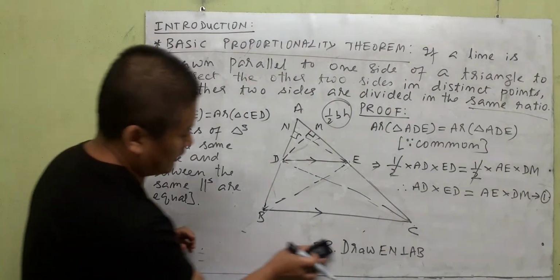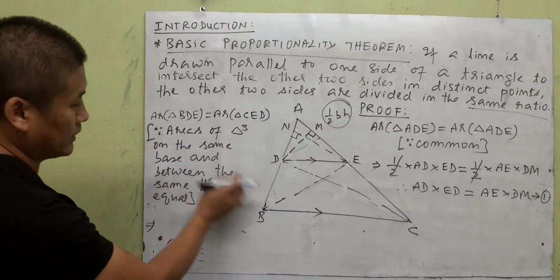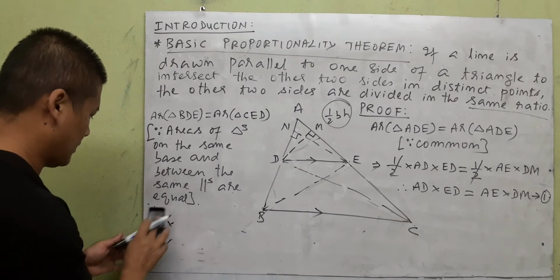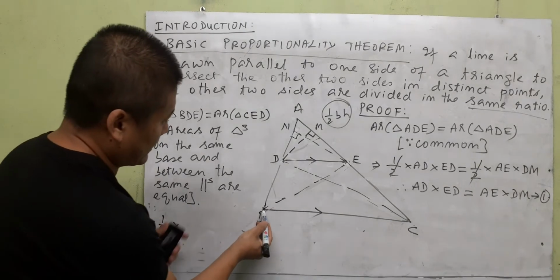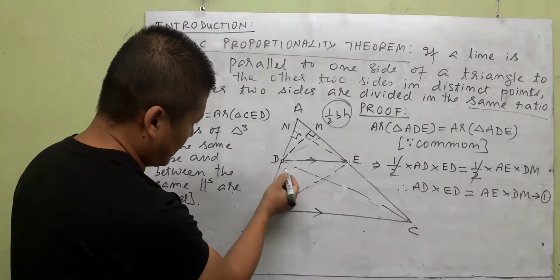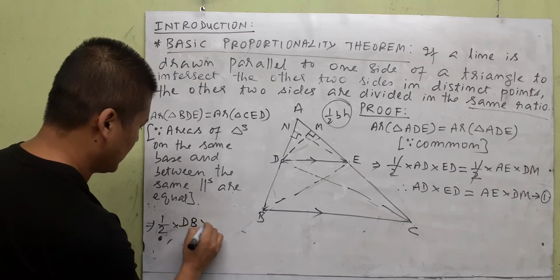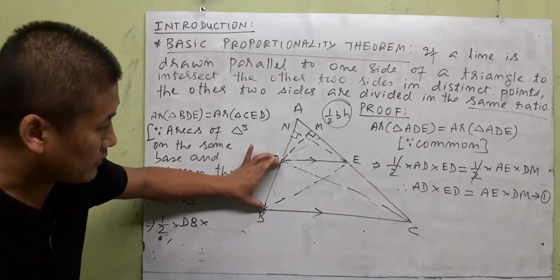Now having got that, we can continue. So that will give you area of BDE, half into base. Let us take this one as the base, any one side you can take, but this is more appropriate this time, BD. So DB into, if this is the base, we have to find the line which is perpendicular to this.